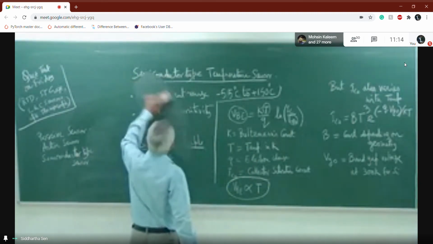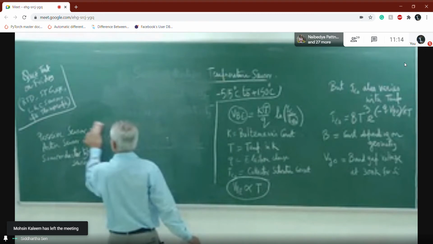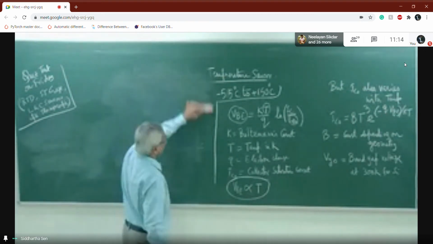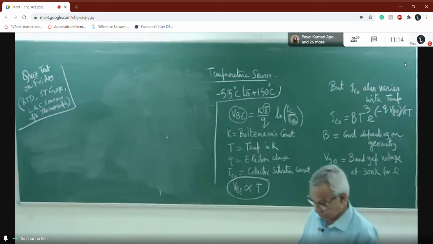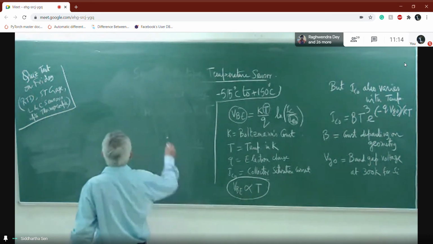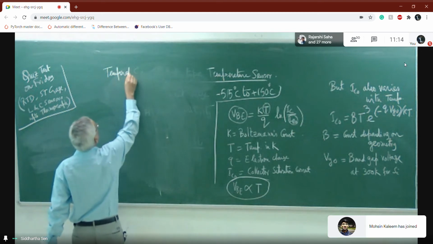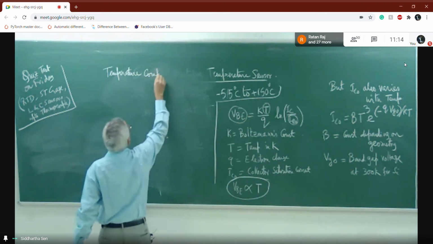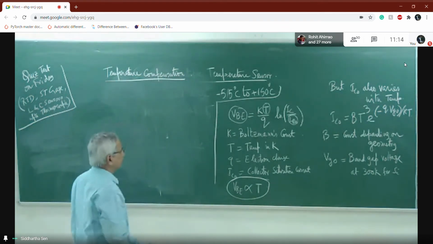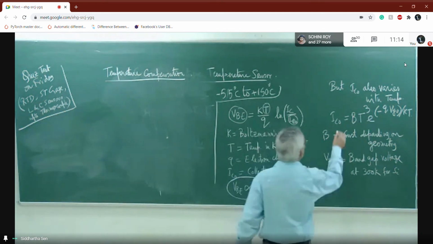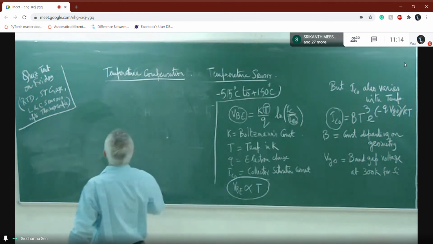So let us see how it can be done. I am just showing the basic scheme of the practical circuit, where you can have compensation for this IC0 varying with temperature.